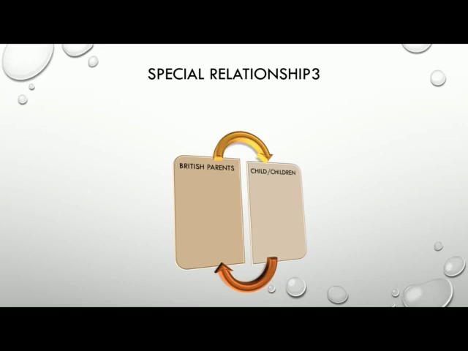If the child or the adult has a parent who is a British citizen, no matter where you stay, you can become an Australian citizen. So you can apply for an Australian passport. This can be passed on to the next generation.